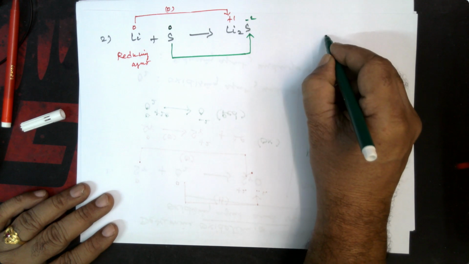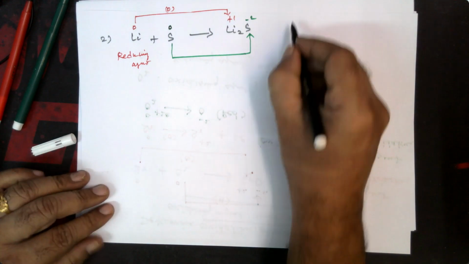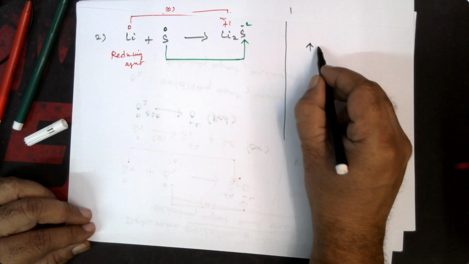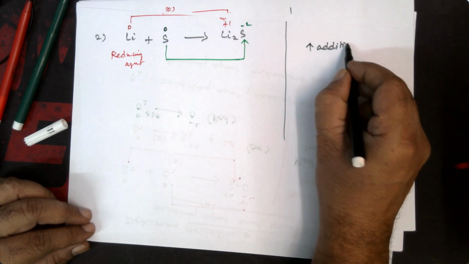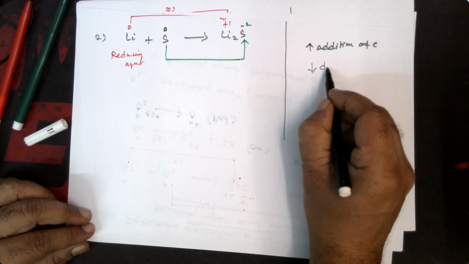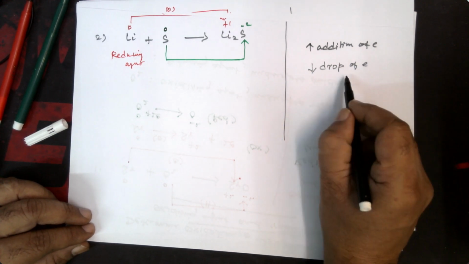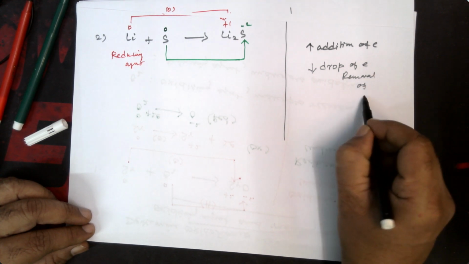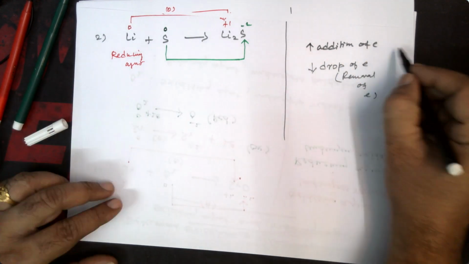Now listen to me. Addition of electron is represented by upward arrow. Take down, in a redox reaction, balancing of redox reactions. This represents addition of electron. Upward arrow, addition of electron. And this is drop in electron, that is removal of electron. Drop of electron, that is removal of electron. It means addition of electron, and this one is reduction.